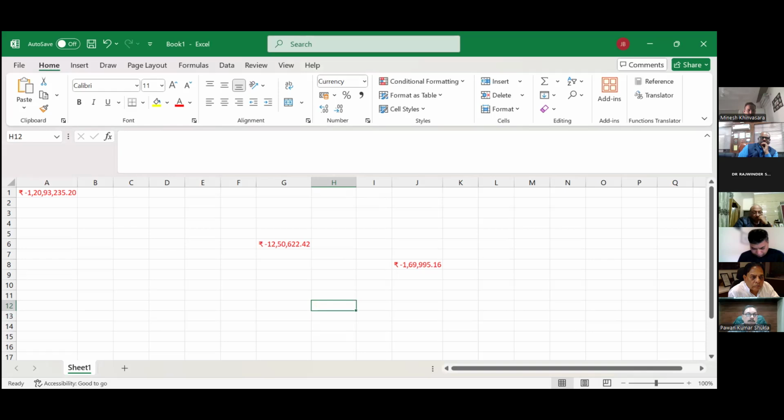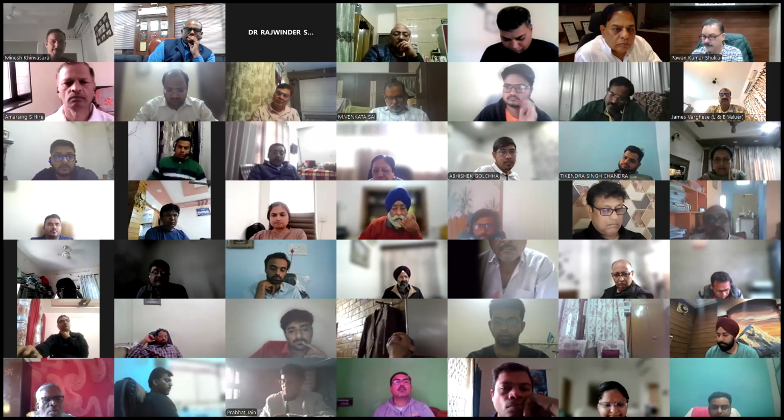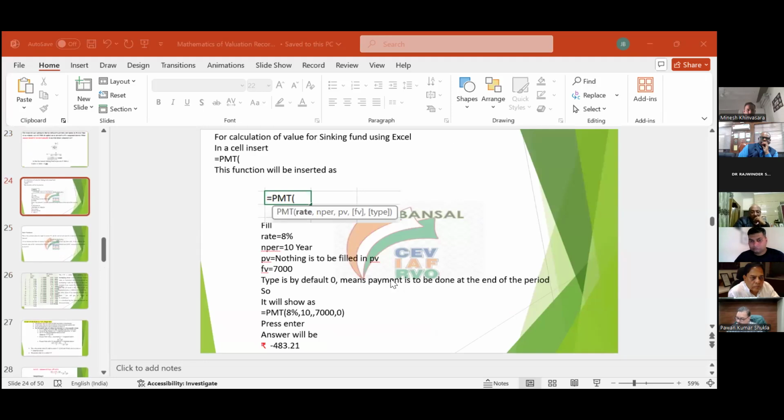And you can also calculate the sinking fund coefficient with this method. For sinking fund coefficient, the shortcut is PMT.